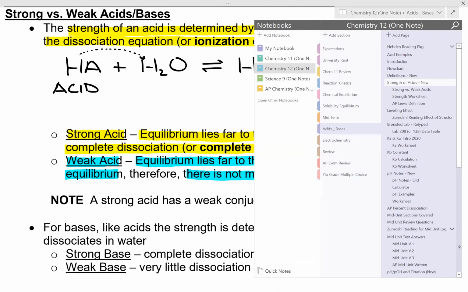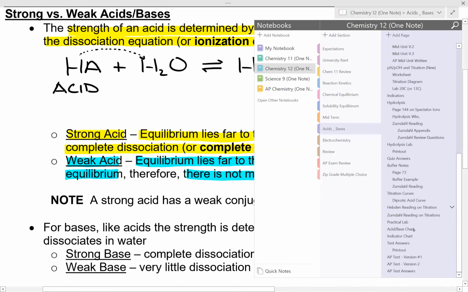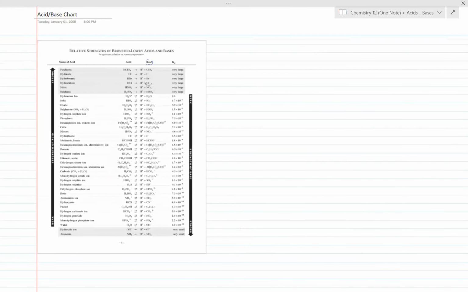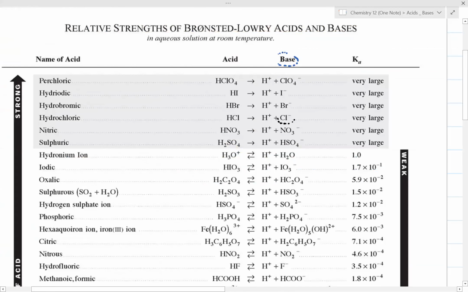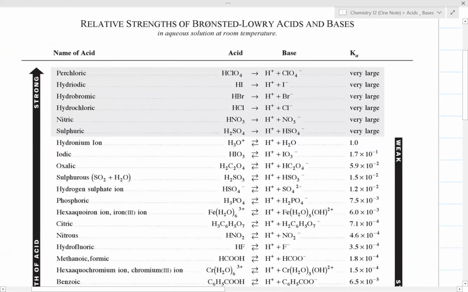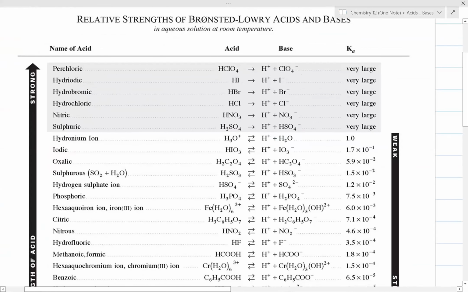Now, there is a table in your data booklet that ranks some common acids that we deal with in Chemistry 12. So in your data booklet, you will see this relative strength. Now, how do you read this?